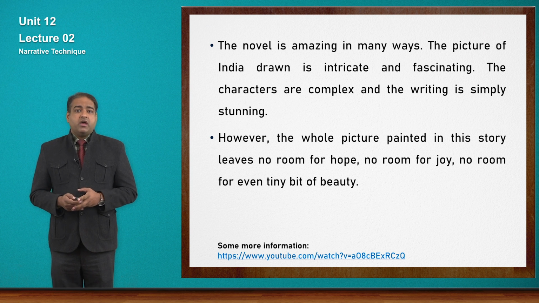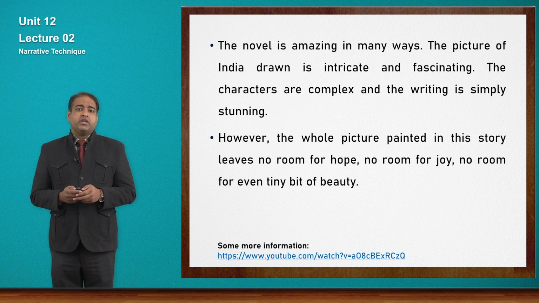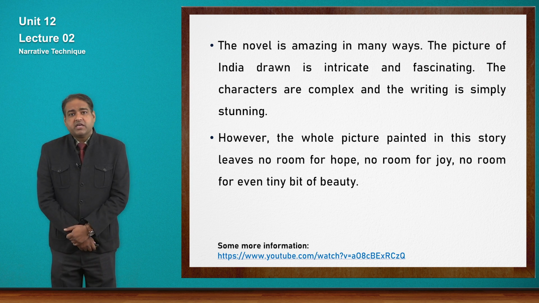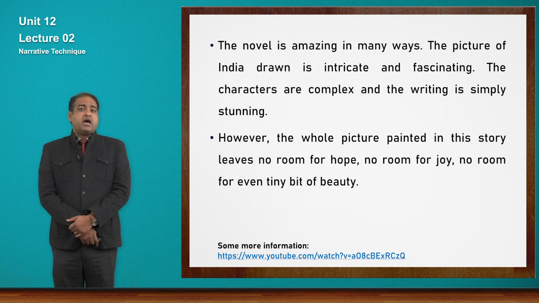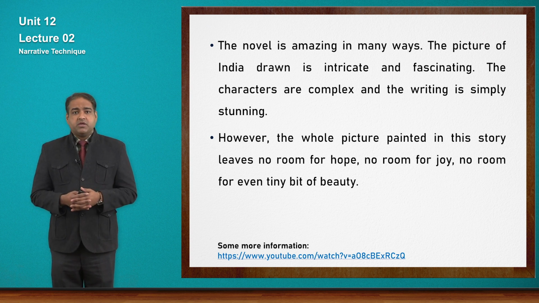But the story ends with no peace, no hope, no joy, and little space for beauty in the minds of all these characters. And thus we can say that the narrative techniques which Kiran Desai has used in the novel are representing poles apart identities in the characters and in the setting also.